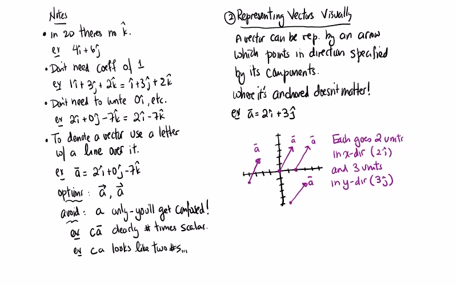Now, just a little warning here: there will be times at which we will anchor the vector at certain locations. But in general, it doesn't have to be located anywhere, but often we'll anchor vectors at specific locations for specific reasons.